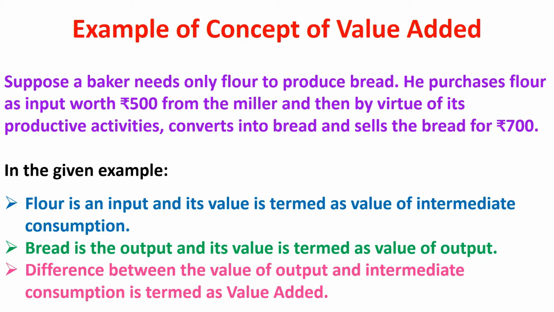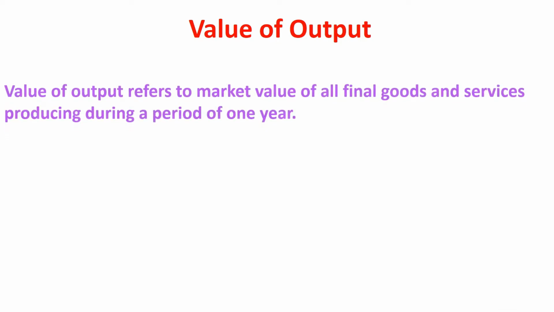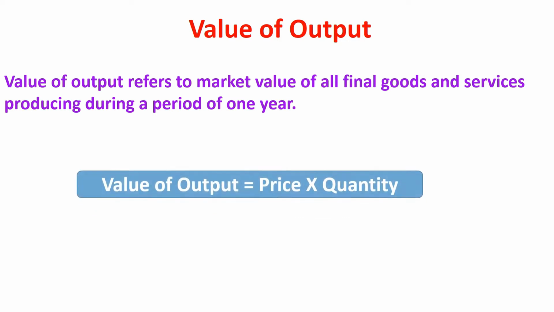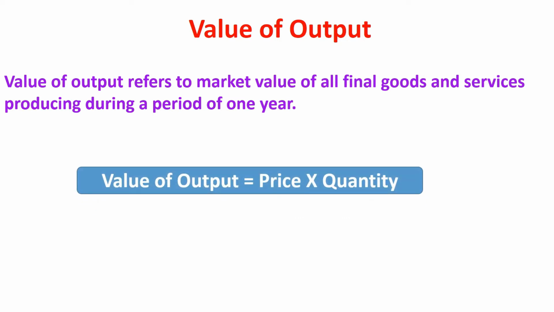Let's now understand value of output and intermediate consumption. Value of output. Value of output refers to market value of all final goods and services produced during a period of 1 year. Value of output is equal to price into quantity.